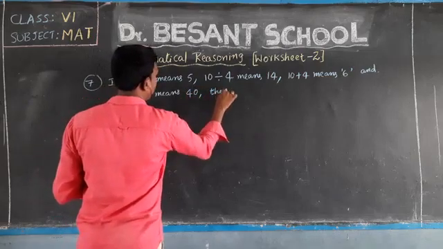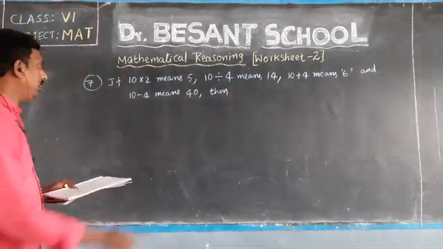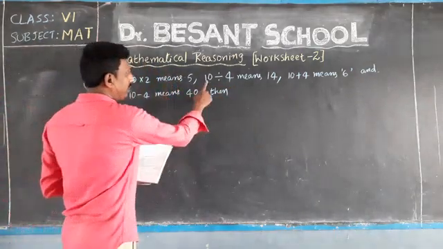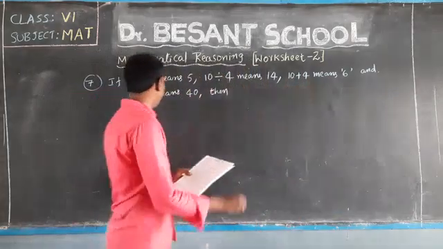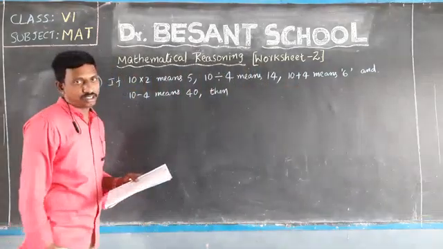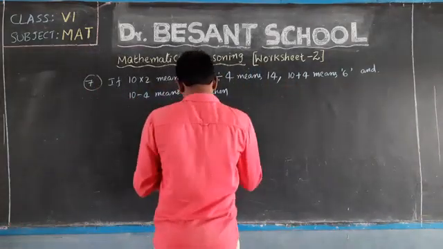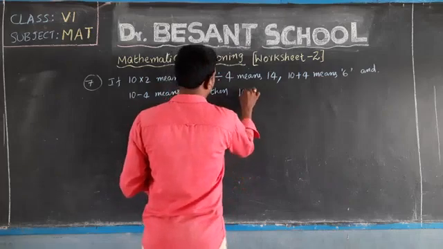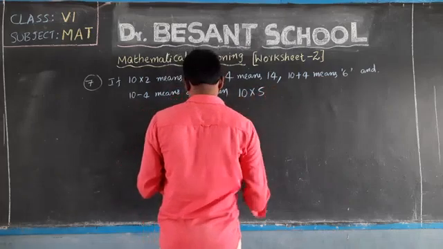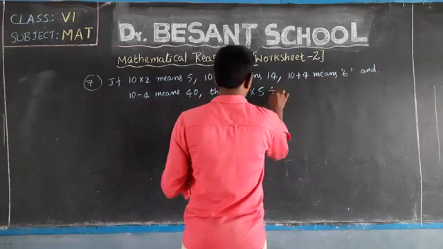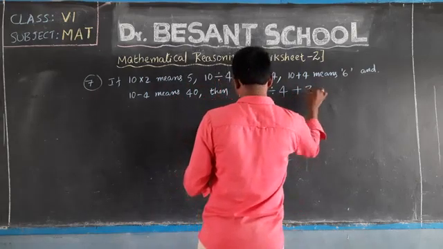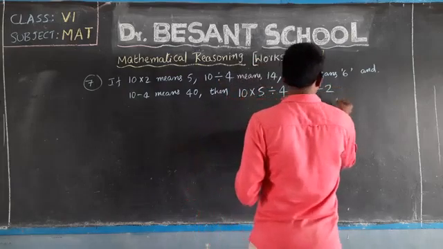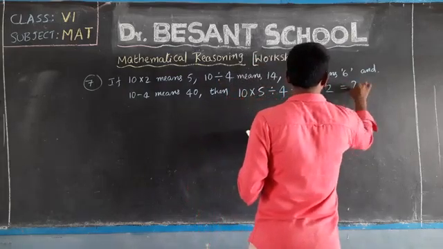So some conditions are given here. 10 into 2 means 5. 10 divided by 4 means 14. 10 plus 4 means 6. And 10 minus 4 means 40. Then we have to find out what? 10 into 5 divided by 4 plus 3 minus 2 is equal to question mark.